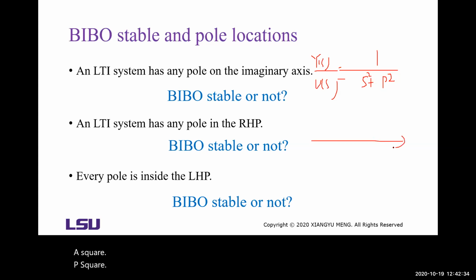So we know it has a pair of imaginary poles, pj and minus pj.